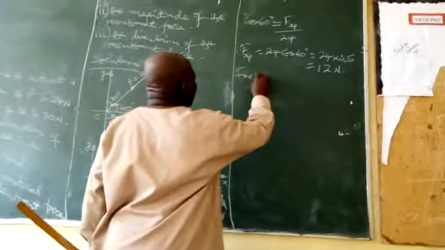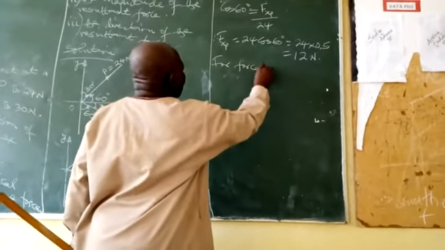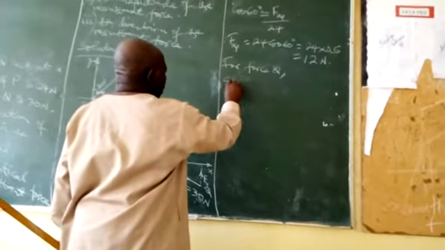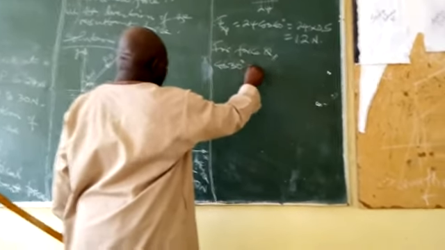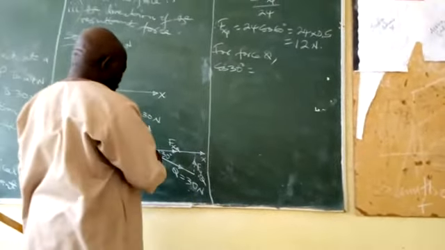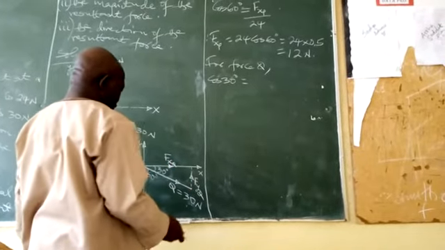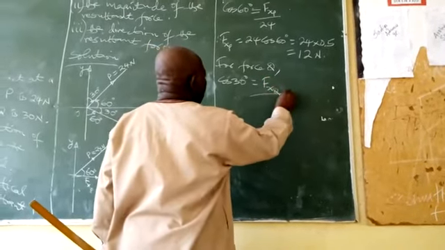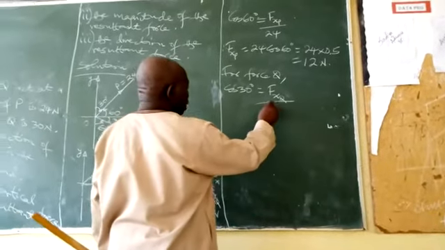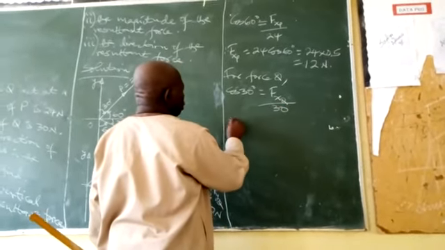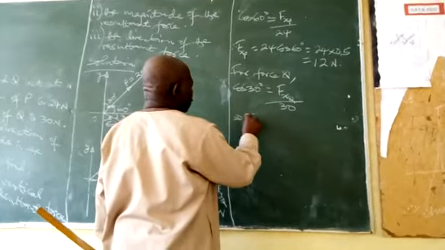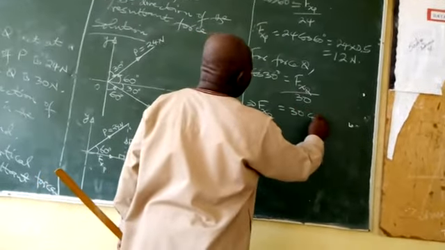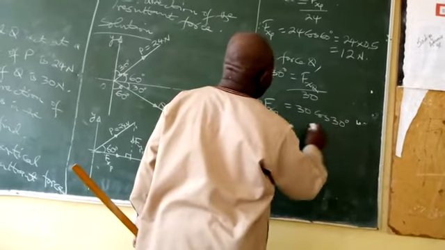Now, the horizontal component for force Q, I have cos 30 degrees. Cos 30 degrees is again adjacent over hypotenuse. That is F sub X Q over the hypotenuse, which is 30. So if I cross multiply, F sub X Q equals 30 cos 30 degrees.